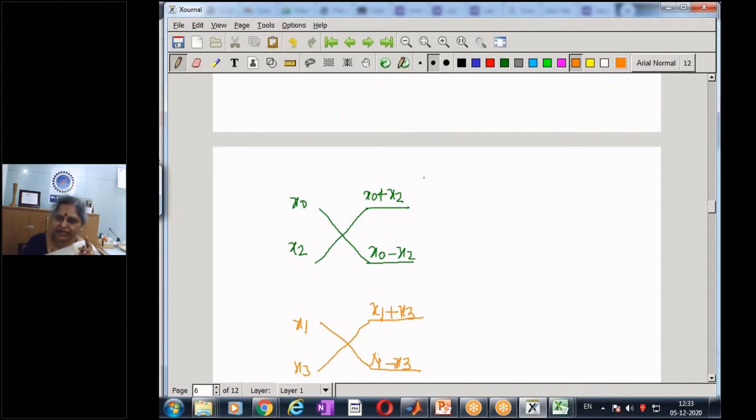And this is nothing but my x even of 0. This is my x even of 1. Similarly, this we recognize as x odd of 0, and this is recognized as x odd of 1.